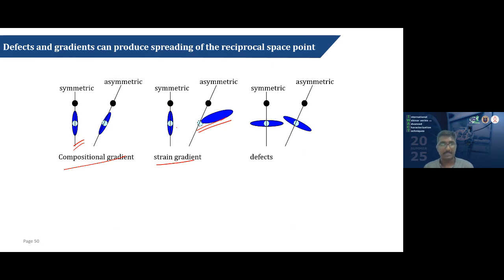If the reciprocal lattice points are elongated perpendicular to the scattering vector, there is a presence of defects in the thin films. So there are many different ways by which we can quantify strain or compositional gradient, or tilt or defects in the thin films by various XRD characterization tools.